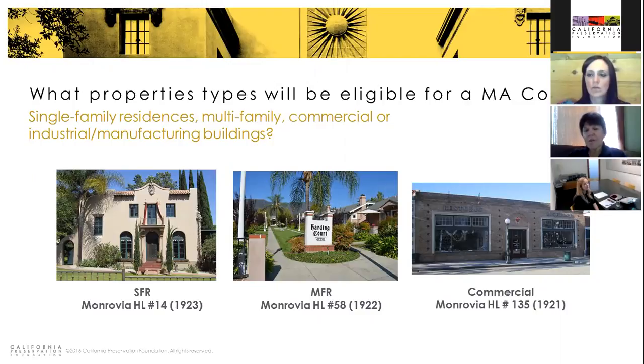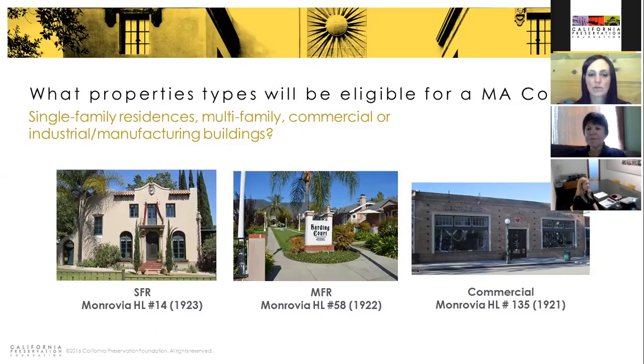So here's an example. The one on the far left is a single family house. It just happens to be the Upton Sinclair house. Beautiful property. It was put on the National Register several years prior to the property owner coming forward and landmarking it so that they could get a Mills Act contract. In the middle, we have a multiple family development.